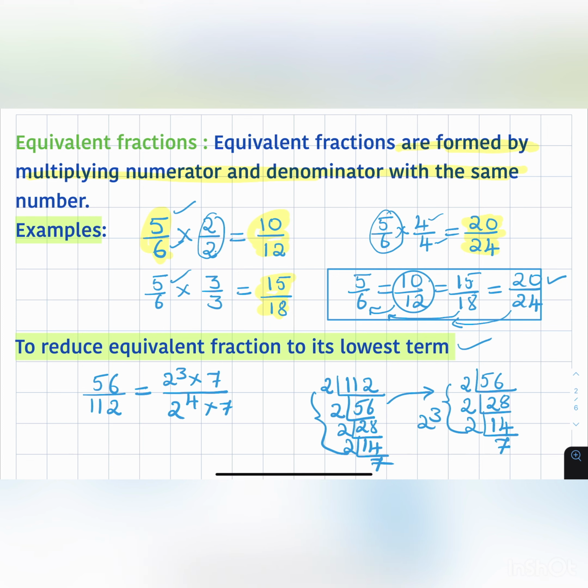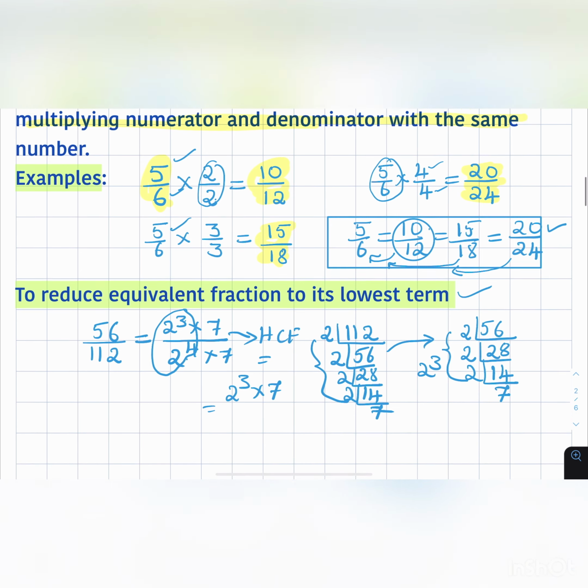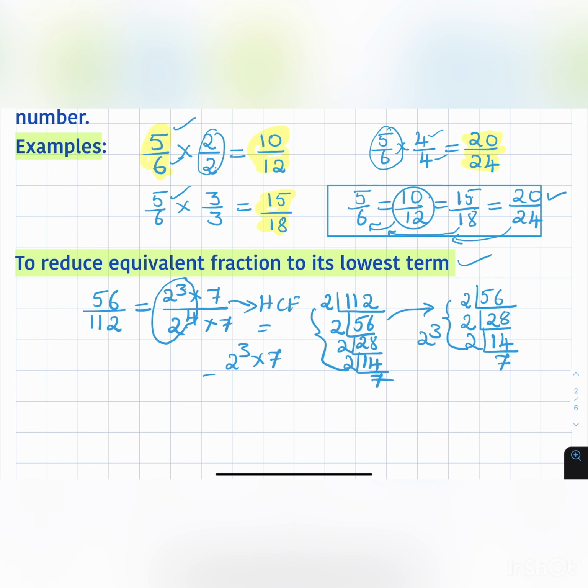Now what is the highest common factor, HCF, of this? HCF of this is 2 cube, right? 2 cube and 2 power 4, so it is 2 cube, and 7 is common, so into 7. Now if you multiply this, 2 cube is 8 into 7, and 8 sevens are 56.